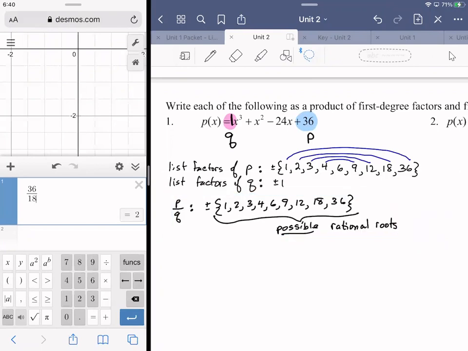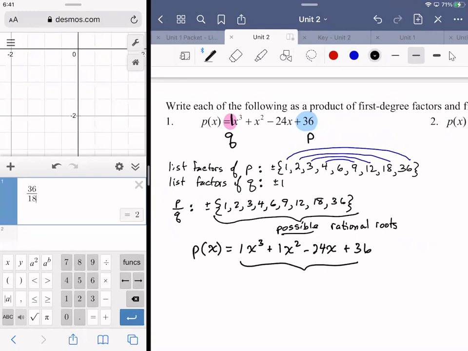So these are my possible rational roots. What I would do at this point is take my p of x function. So p of x, again, 1x to the third plus 1x squared minus 24x plus 36. Strip it down to its coefficients.